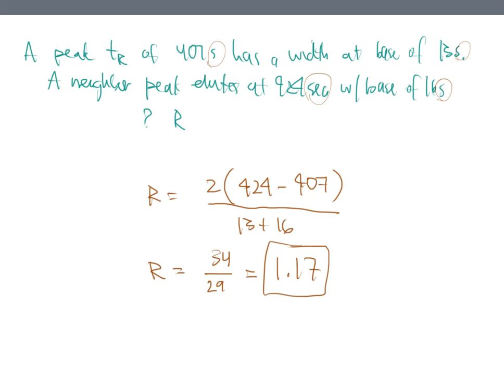And if I draw this chromatogram, just to give you an idea, we get our first peak coming off at 407, and that's going to be here. And then the next peak is going to come off at 424. But look, this 407 second peak has a width of 13 seconds.